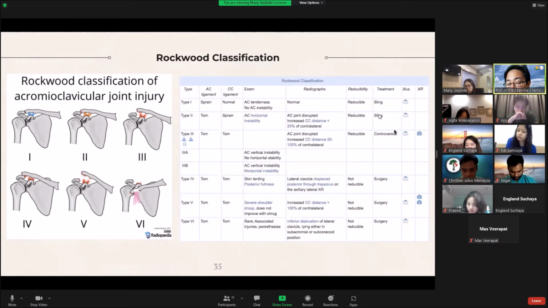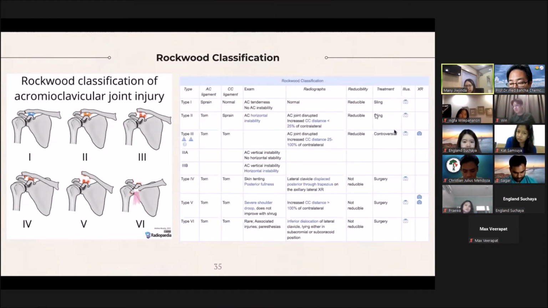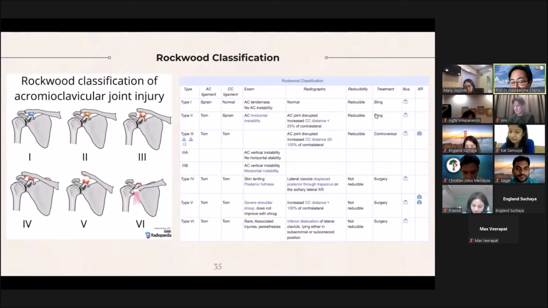That means you don't need to reduce it. You need to accept the deformity. We call this skillful neglect. Skillful neglect. Okay? Understand? That is the treatment, skillful neglect.